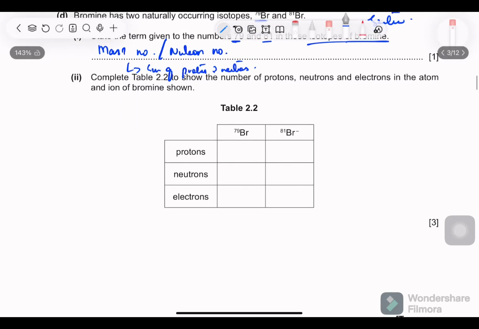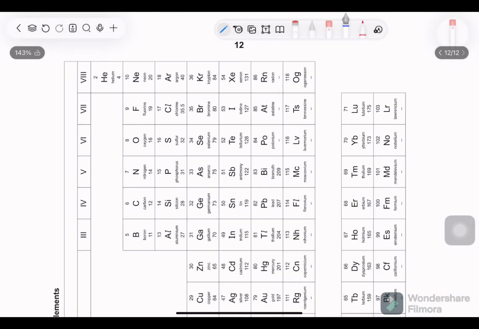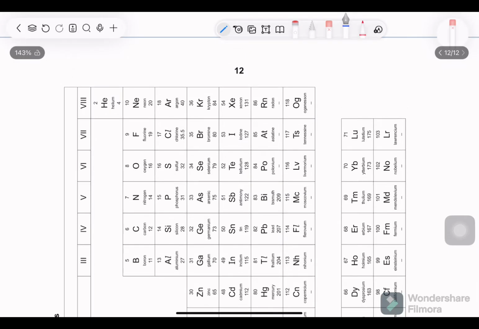Next, this is from atomic structure. Number of protons in 79 Br. For this, it is better if we look at the periodic table at the last page. Br has 35 electrons, and the isotope which you are given in your syllabus is of 80 nucleon number.